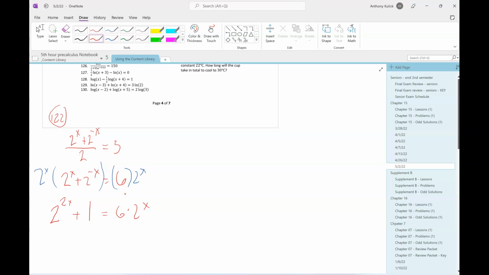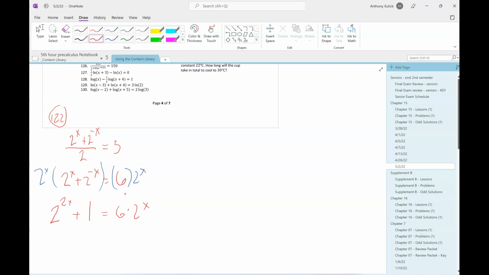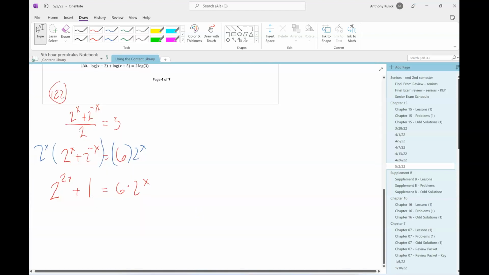I skipped some algebra steps, so if you're not sure, we can certainly talk it through. So 2 to the x times 2 to the negative x, we add the exponents. x plus negative x is 0, and anything to the 0 is 1. Again, I'm happy to clarify those things, but how much work do I really want to show here is always the question.